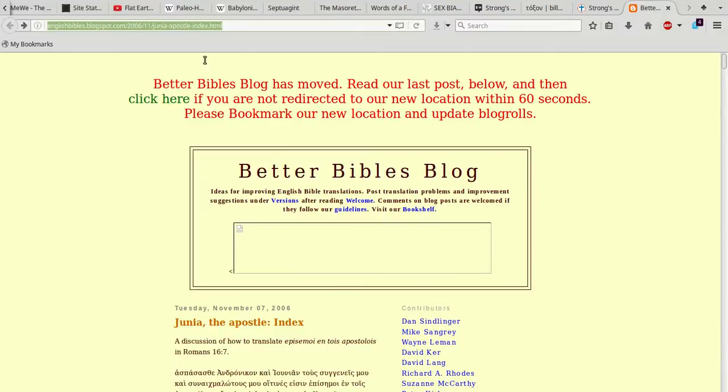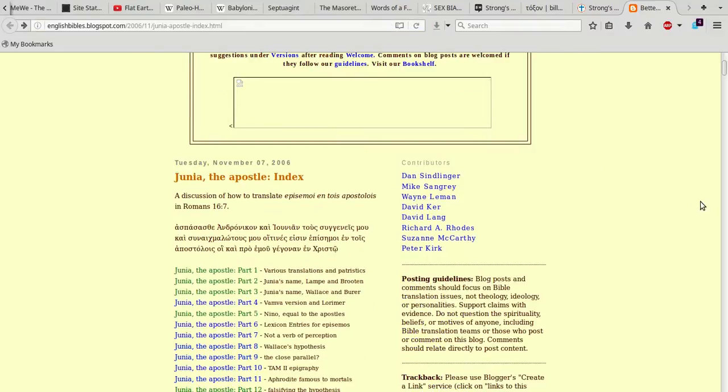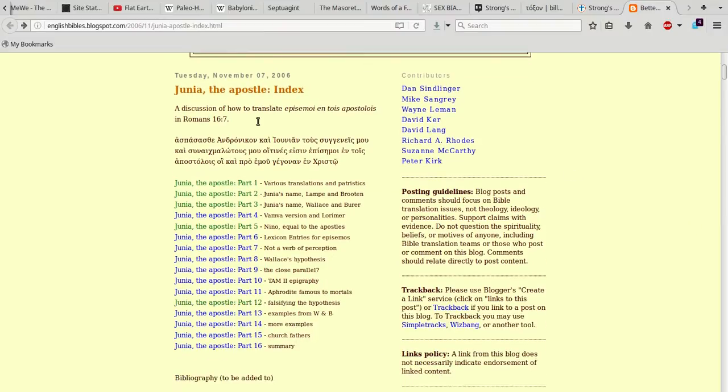Here, take a note of this. I'll try to put this in the description. You've got 1 minute to read. What I do is I downloaded the page, I saved it. I should have put that up instead of the live link here, and took out the JavaScript so it wouldn't redirect. This is an entire index of someone named Junia in the New Testament, Romans 16:7.